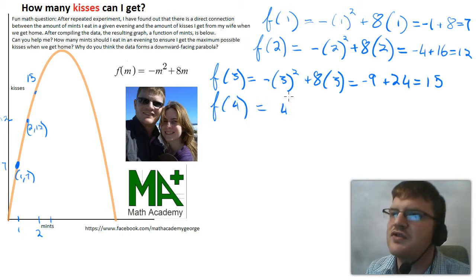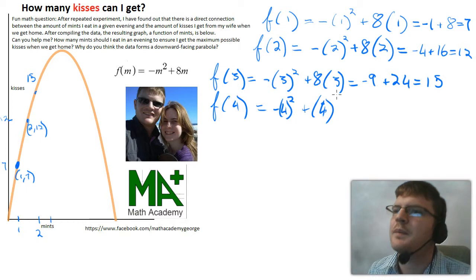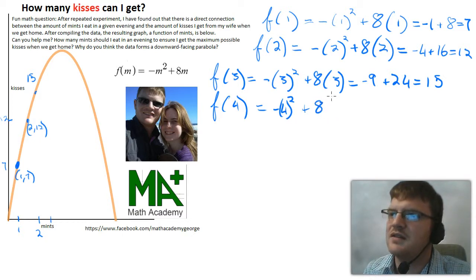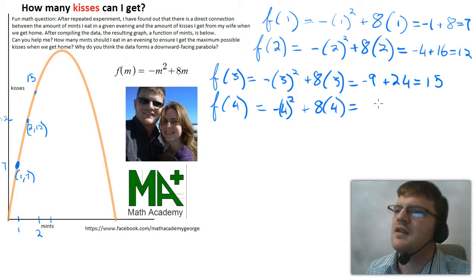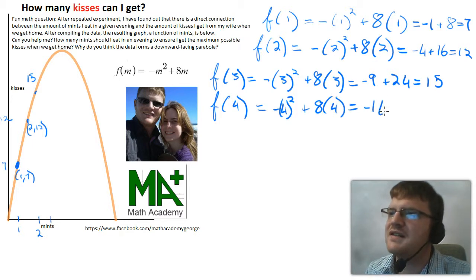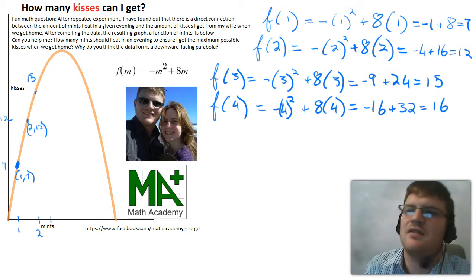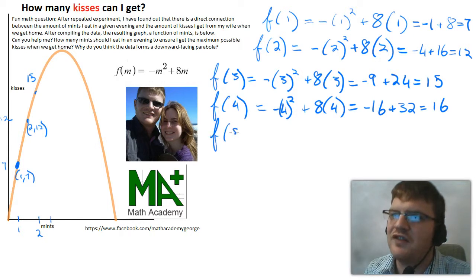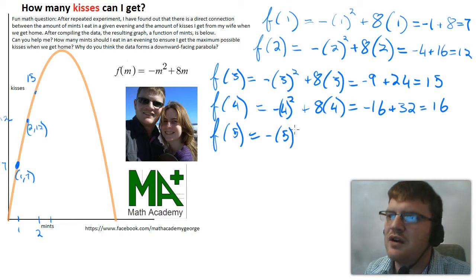Function of 4. So that's minus 4 squared plus 8 times 4. That's minus 16 plus 32. So that's 16 kisses. Okay, let's look at a function of 5. So that's minus 5 squared again.